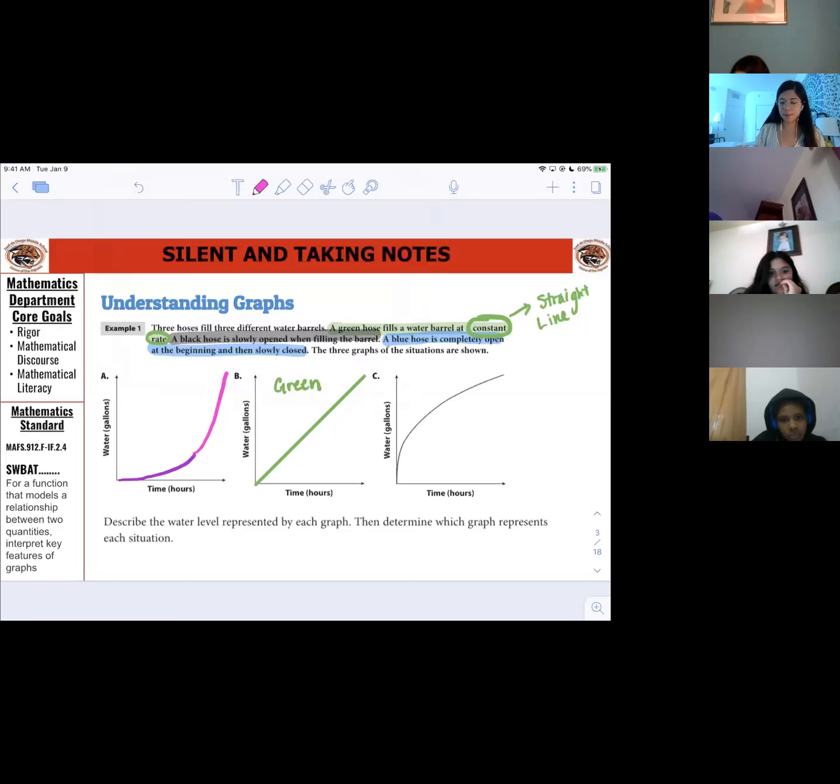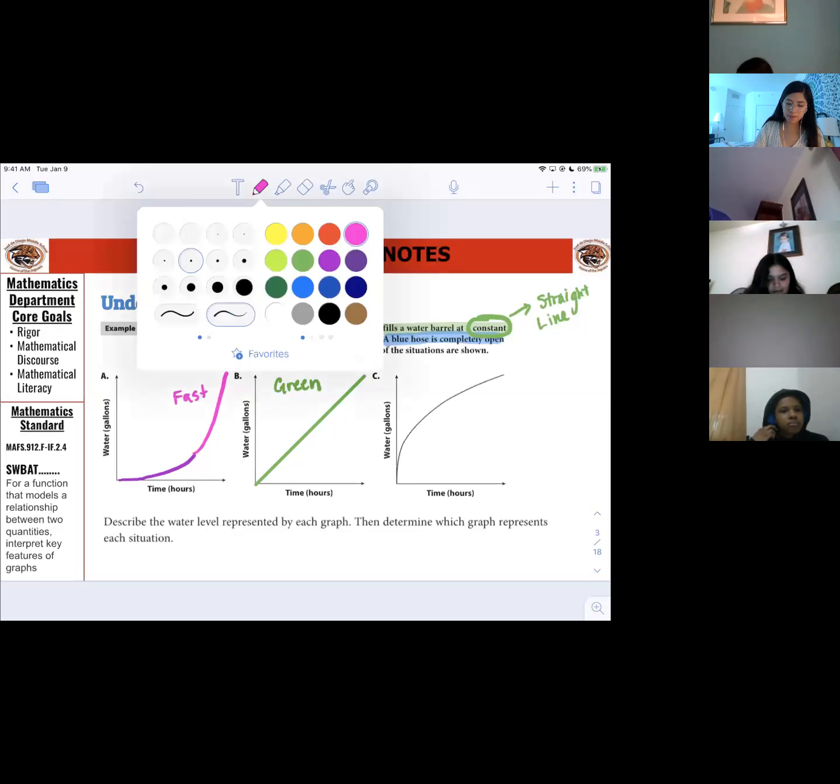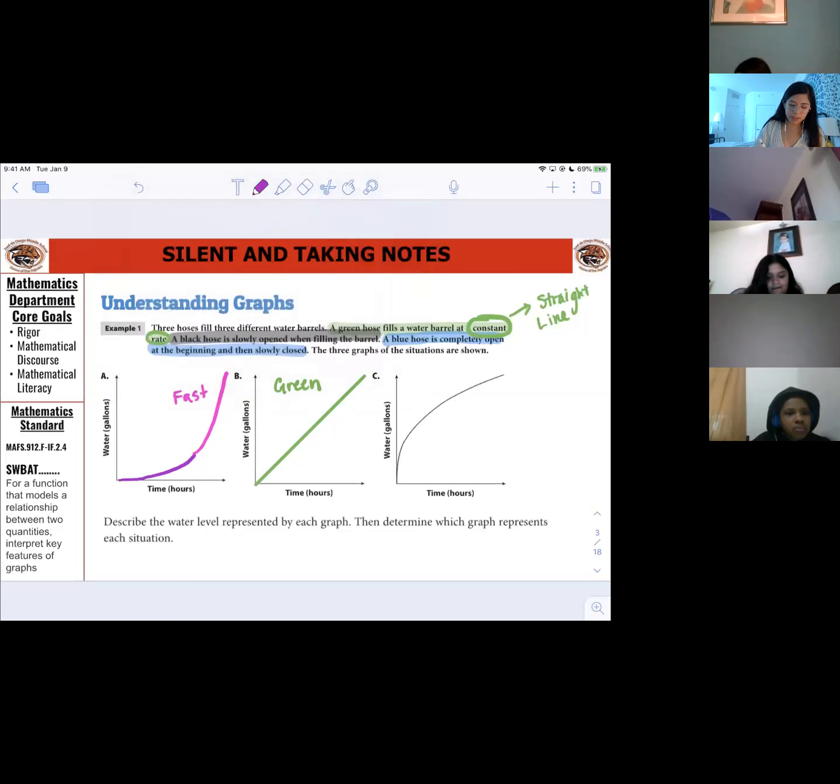Other way around. Remember from the previous problem, pink. Remember, when you have a really steep hill, that's telling me that I'm going fast. When I have an easy hill to climb, that's telling me that it's going slow. So let's look at answer choice C as a comparison.